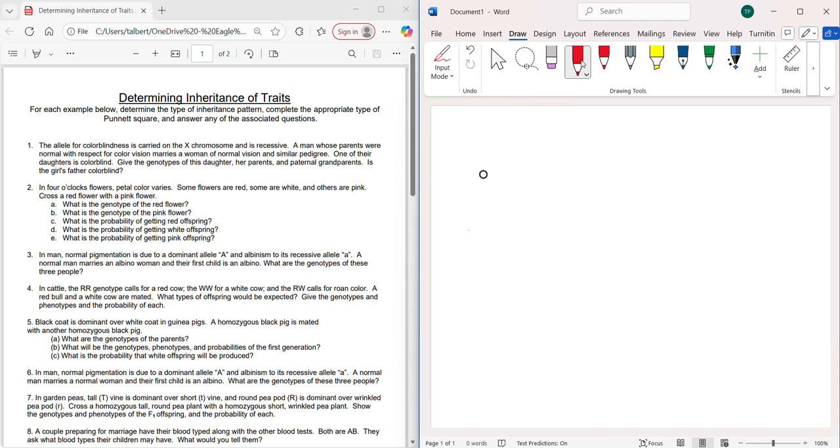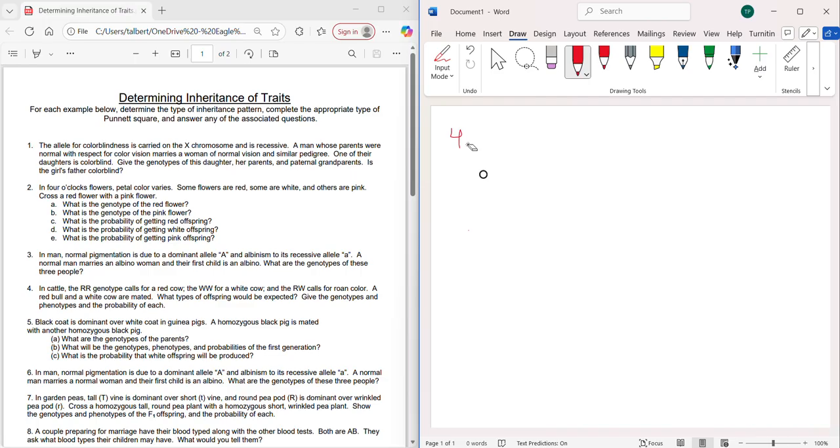All right, number 4 is our next problem. In cattle, the capital R genotype calls for a red cow. The WW for a white cow, and RW calls for roan. A red bull and a white cow are mated. What types of offspring would be expected?